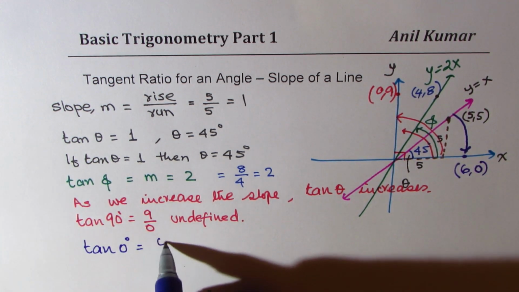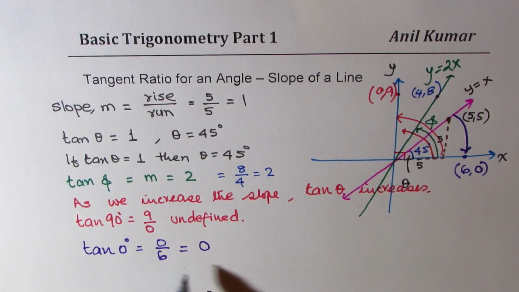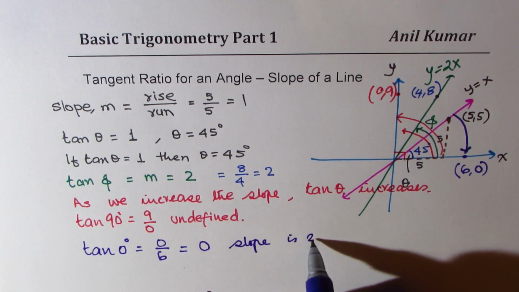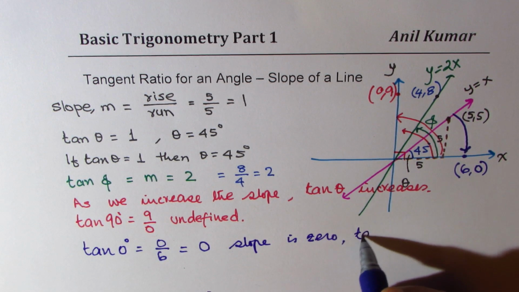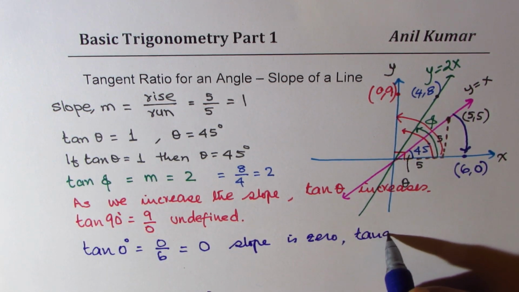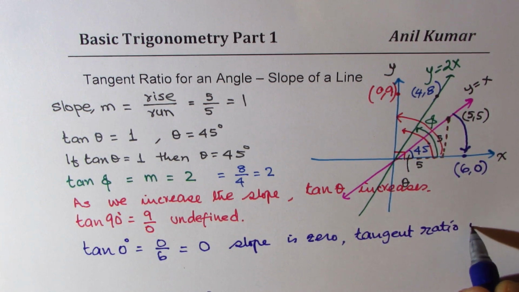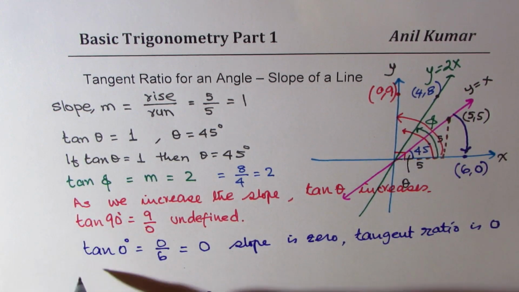So it is equal to 0 over 6. Now in this case it is 0. So what we say here is that the slope is 0 and the tangent ratio is 0. Correct?